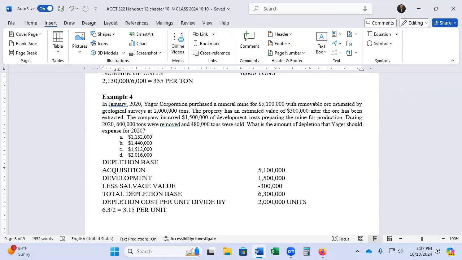So now 600,000 tons were removed, and those would go to the asset. 480,000 tons were sold.